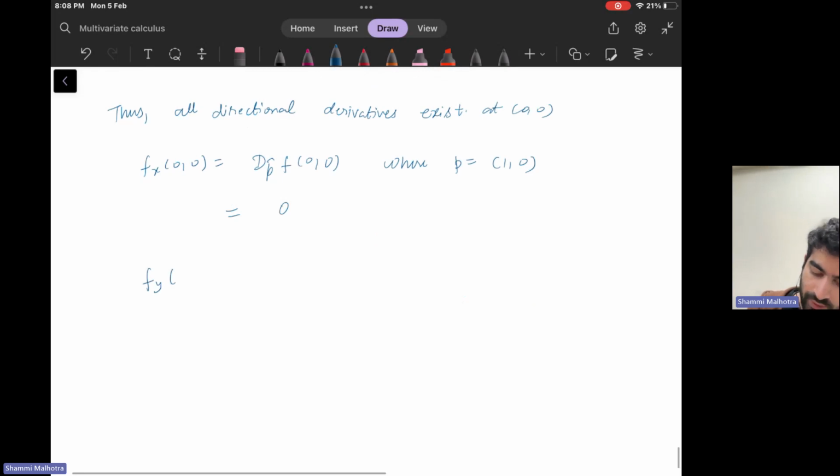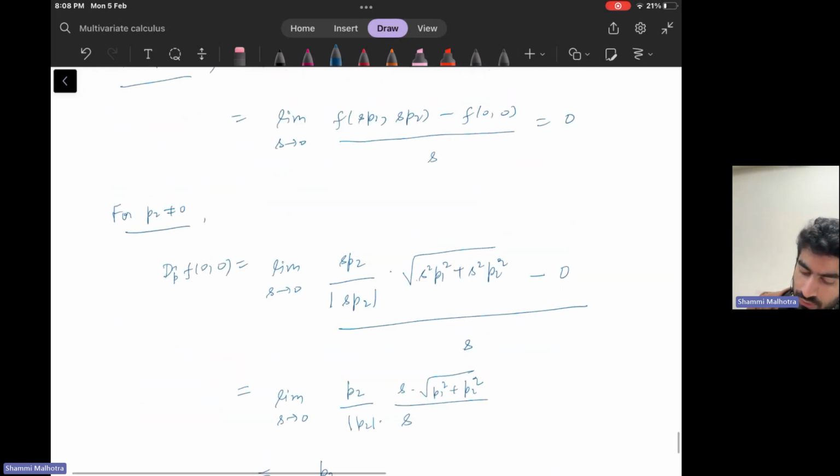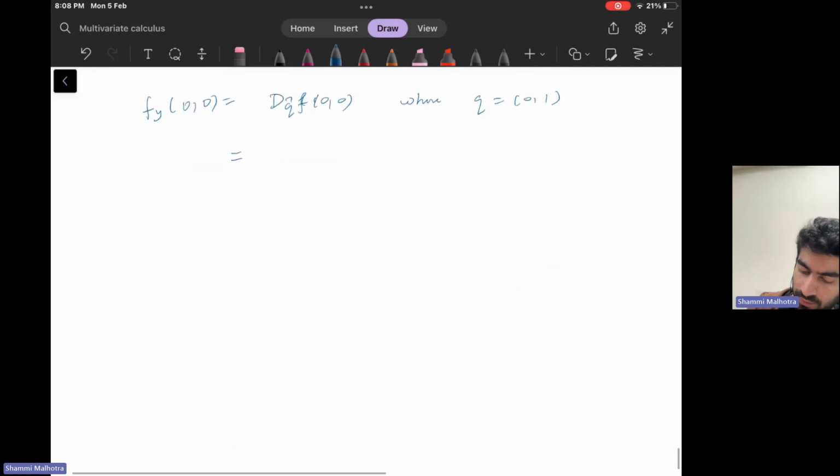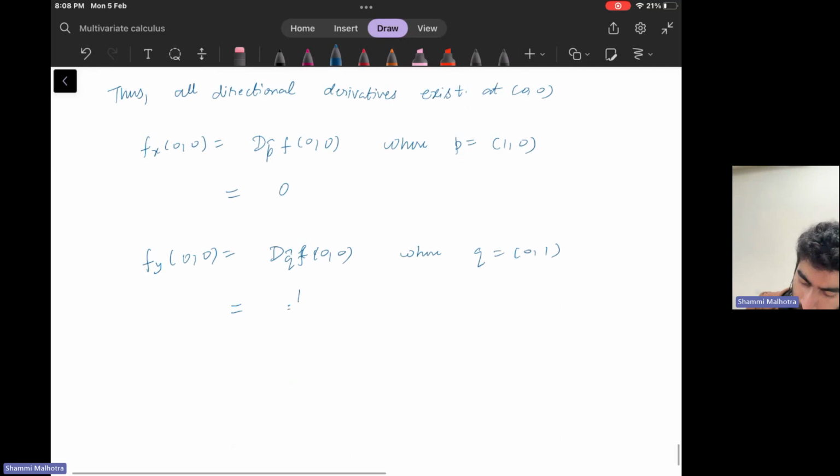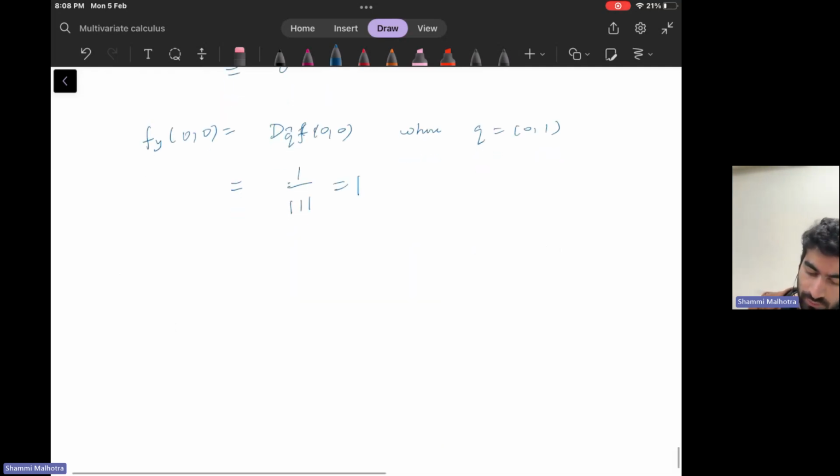And likewise, if I want to find the directional derivative in the direction of y, this will be the derivative in the direction q hat of f at 0, 0, where q is 0 comma 1. I see my p2 is non-zero, so this is p2 by mod p2, which is 1 divided by mod 1. This is 1 only. These are my partial derivatives.